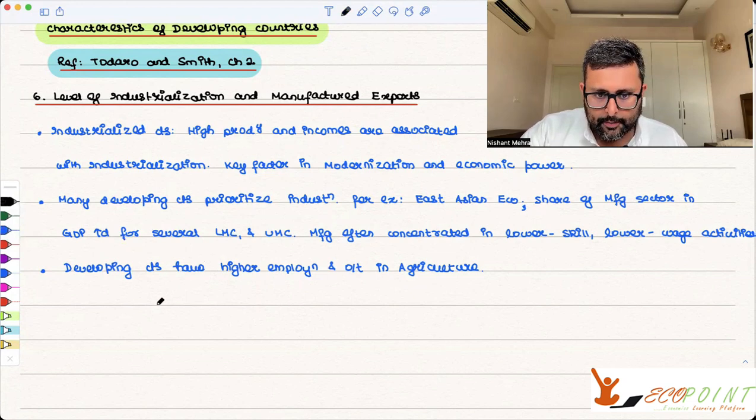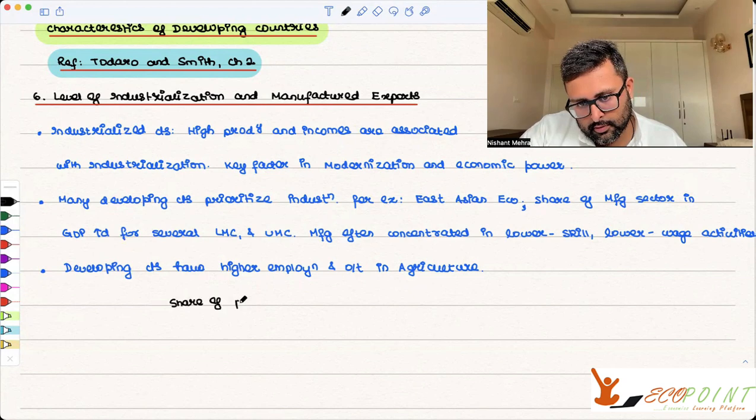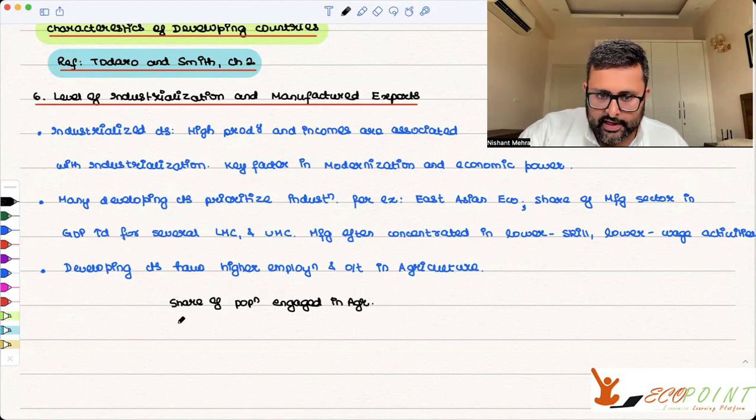So you can write: share of population engaged in agriculture in developing countries.